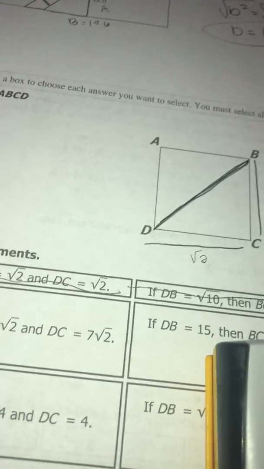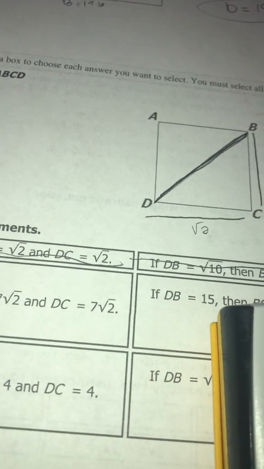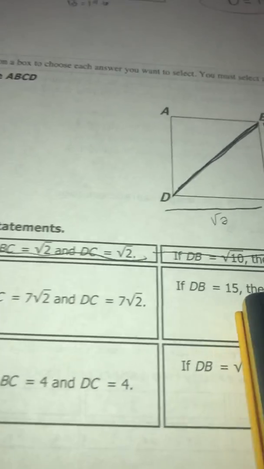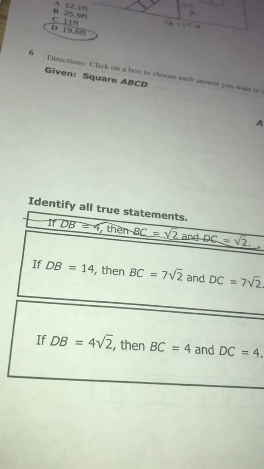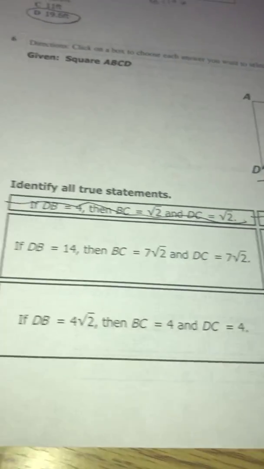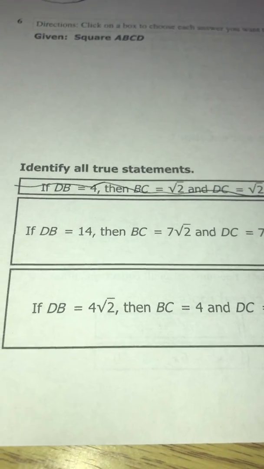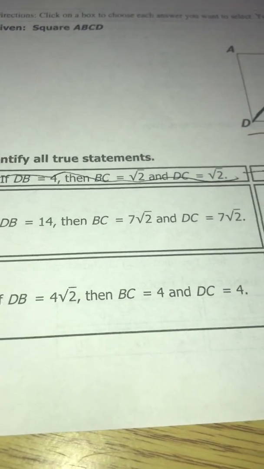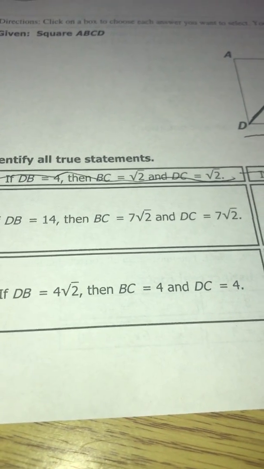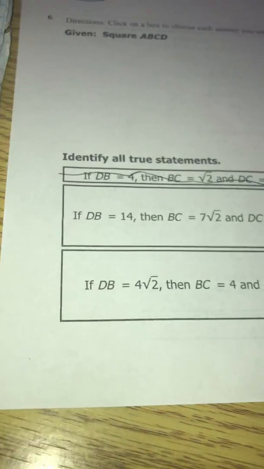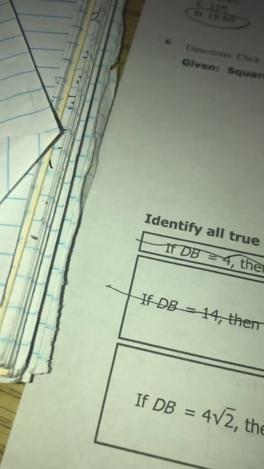So come over here to the calculator. Square root of 2 times 2 equals, hold on just a second, it's not working. Okay, but it says if DB equals 14, then BC equals 7 square root of 2 times 2. It would equal 14 square root of 2 like the other ones did. So that is not correct. We can go ahead and mark it out.